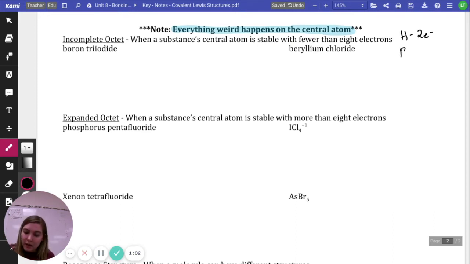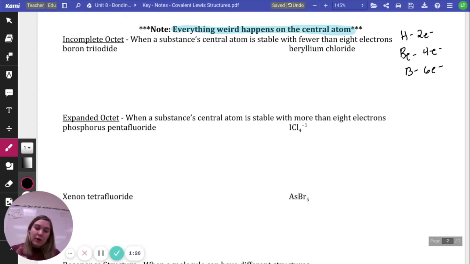So beryllium only needs 4 electrons to be stable, and boron only needs 6 electrons to be stable. So those are the 2 other exceptions beyond hydrogen. Hydrogen only needs 2, beryllium needs 4, boron needs 6 to be stable.